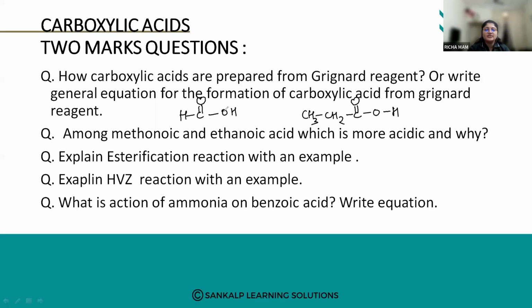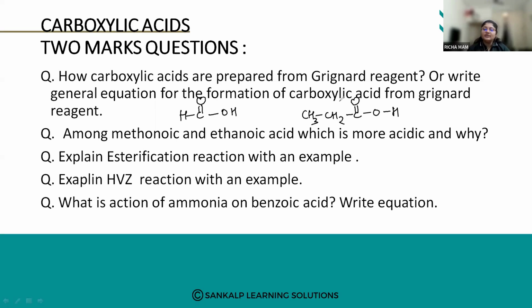Among methanoic acid and ethanoic acid, which is more acidic, they have asked. It is methanoic acid, because in ethanoic acid, your CH3 group is attached to the carbon atom, and CH3 is an electron donating group.